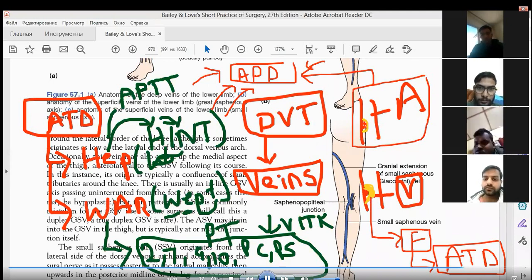Prothrombin time, PT, but nowadays we are also doing INR. So PT and INR should be done in all the patients if you are giving warfarin.